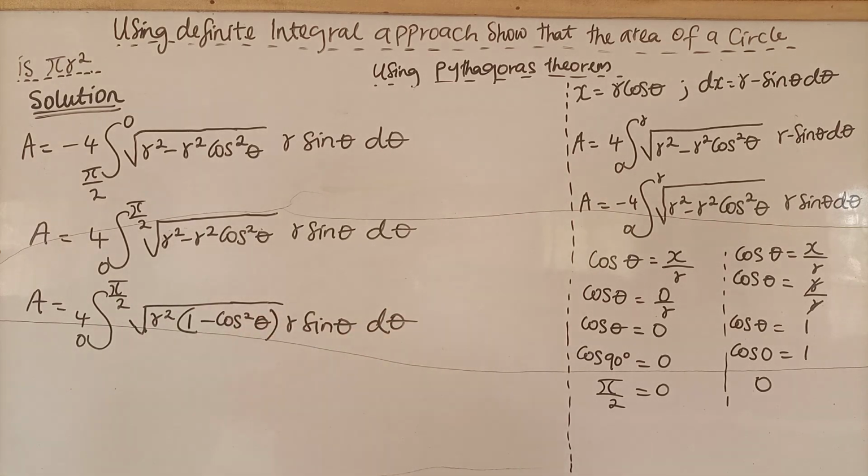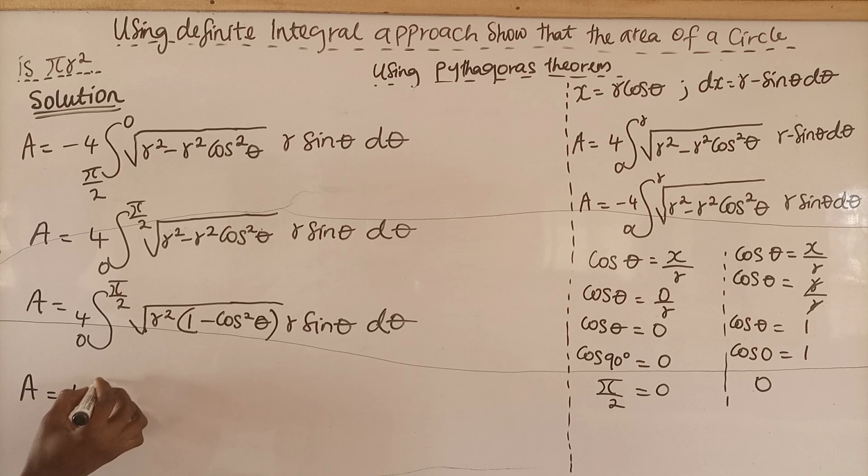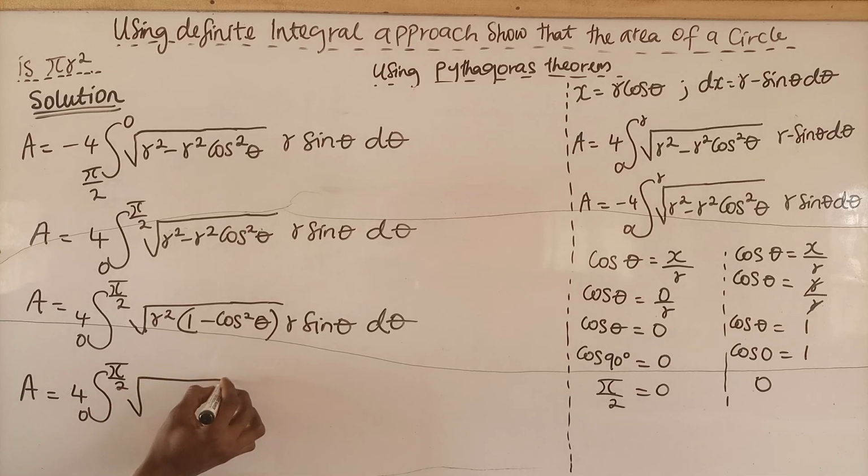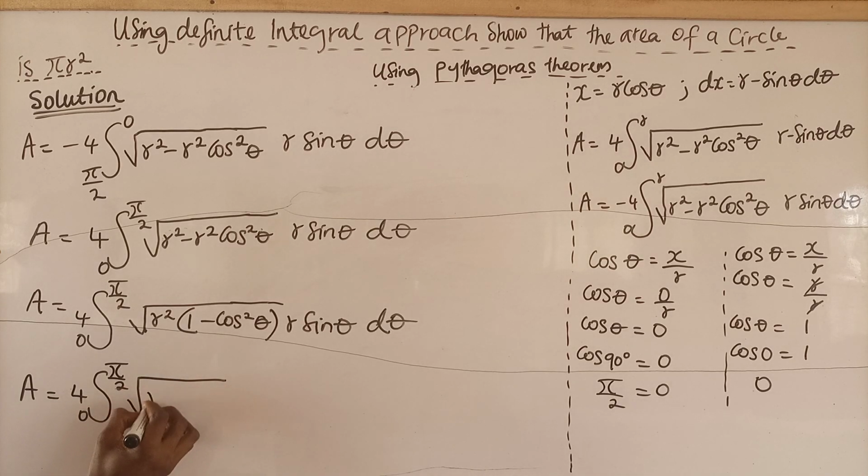So what are we going to do again? We are going to write area is equal to the integral from 0 to pi over 2 of the function of r squared. Now let me write important 3 identity here.